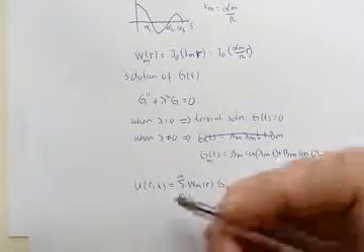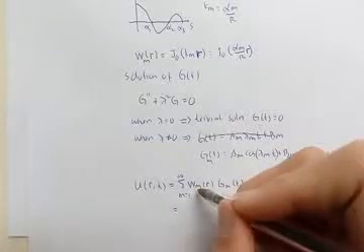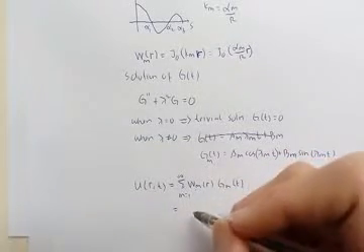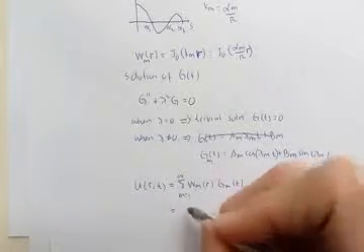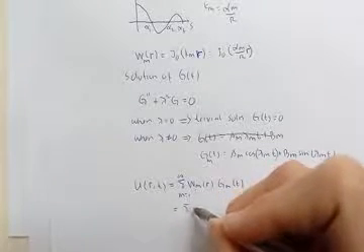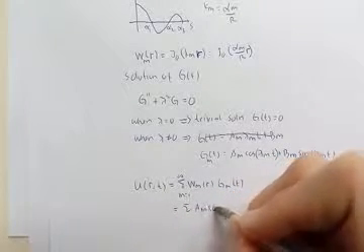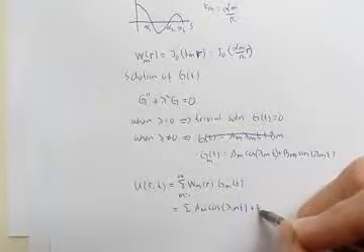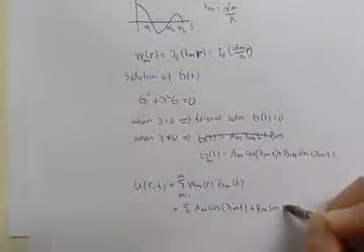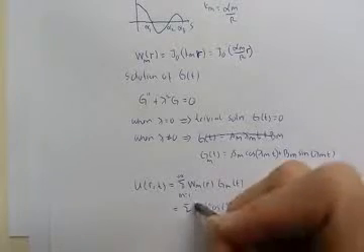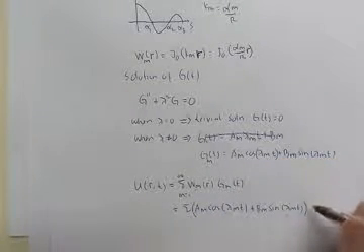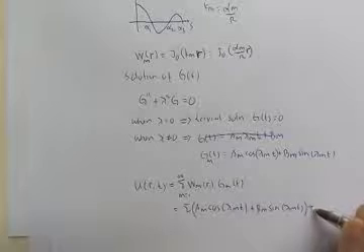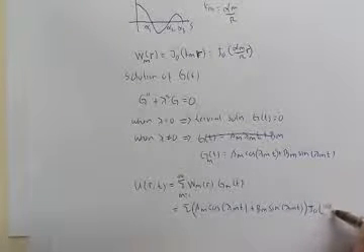Okay, so we can expand this for W_m and G_m, multiplied by J naught of alpha m over R times r.